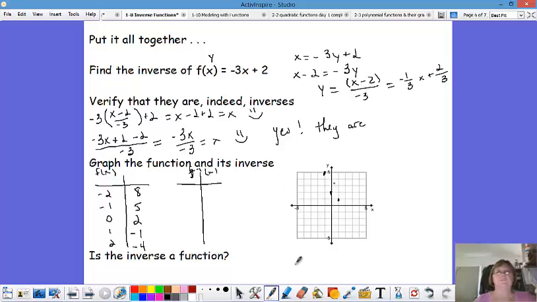I'm going to plot those points, the ones that I can. And let's see, negative 1 and 5 up here, 0 and 2, 1 and negative 1, and 2 and negative 4. So here's f of x.